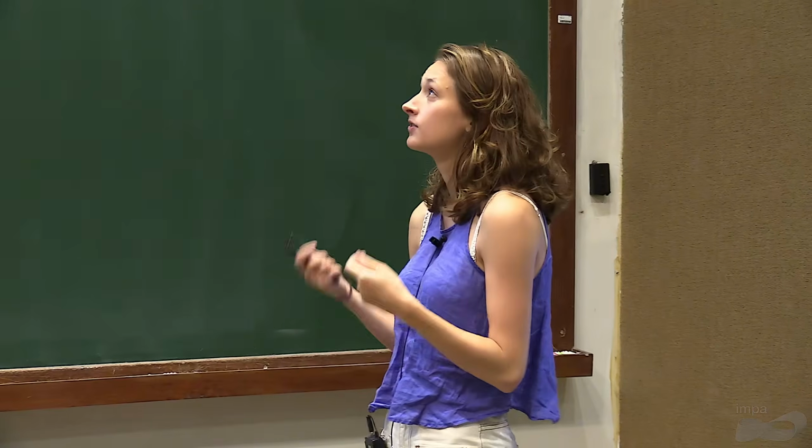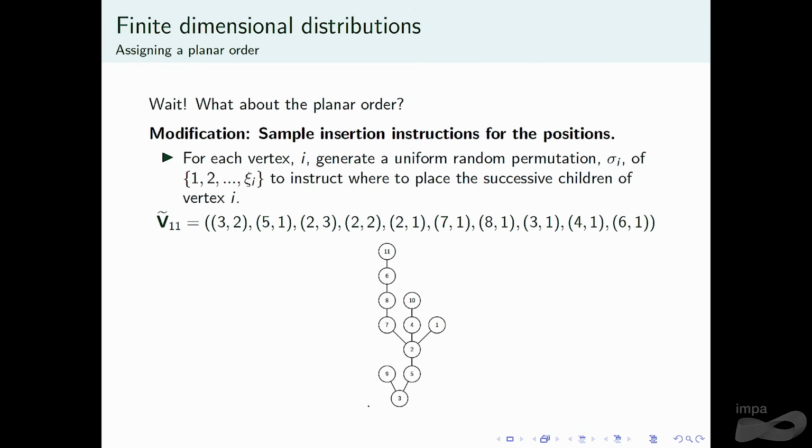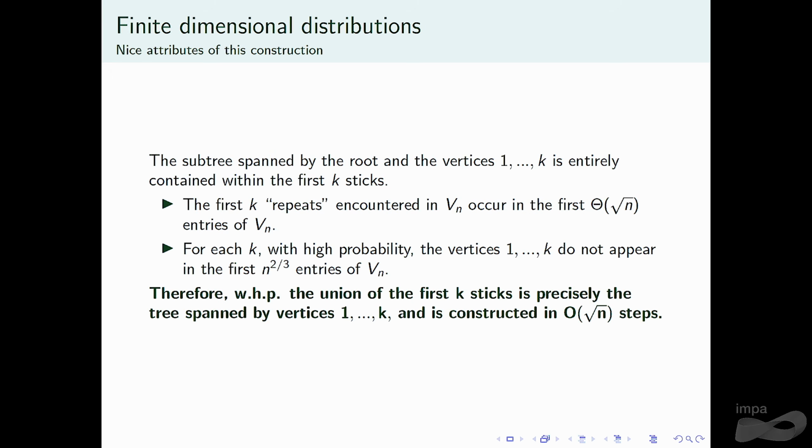This construction will be really useful to understand the law of k vertices in the tree. It turns out that it's enough to study the law of the tree spanned by vertices 1 through k in this labeled version. And I'll talk about some nice attributes of this construction, which should convince you that, in fact, we'll get the right convergence that we want.